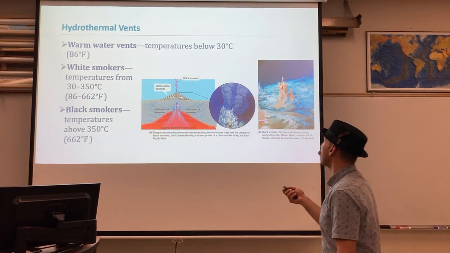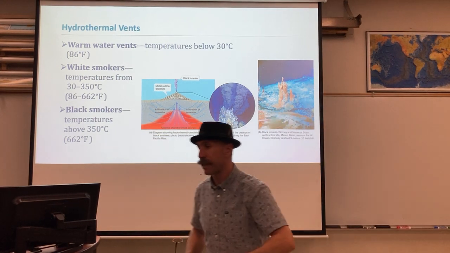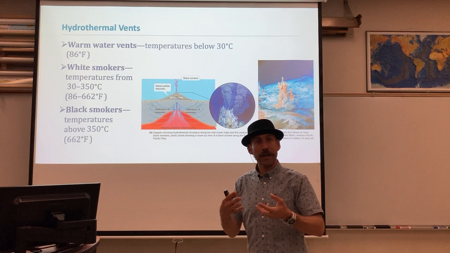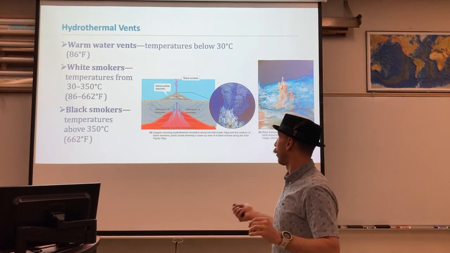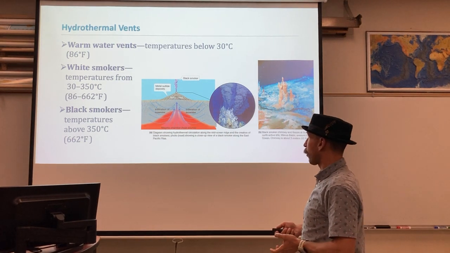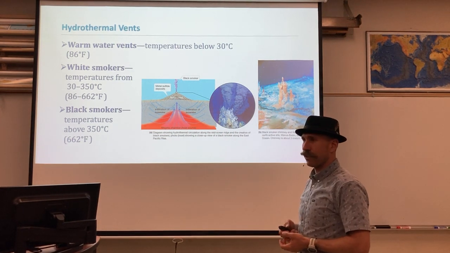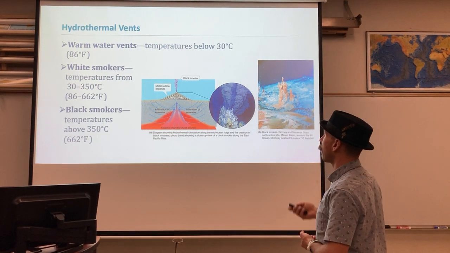All ocean water filters through these hydrothermal vents on the order of every 7 million years, and it keeps the chemistry of the oceans relatively stable. How cool is that? It's like a body part of the ocean that makes sure that its chemistry is held stable. I love that.